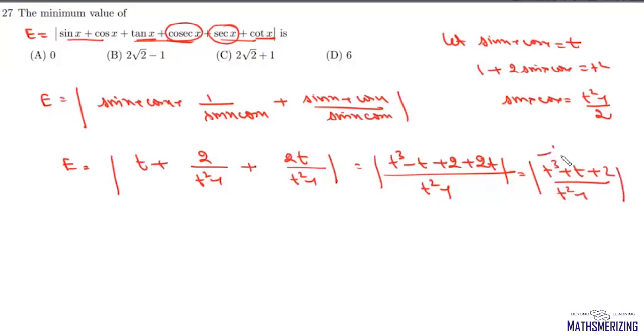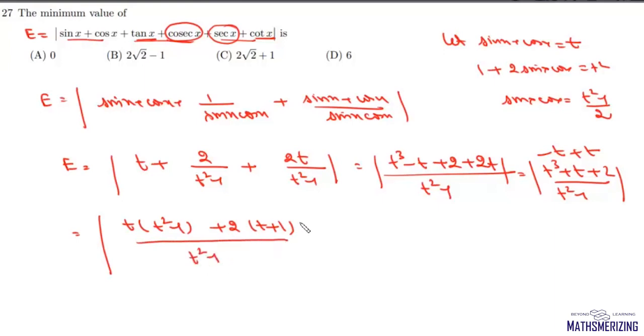Now what we'll do is we'll subtract t and we'll add t. Then we can write this as t into t square minus 1 plus 2t plus 1 upon t square minus 1. So we can simplify this as t plus 2 upon t minus 1.